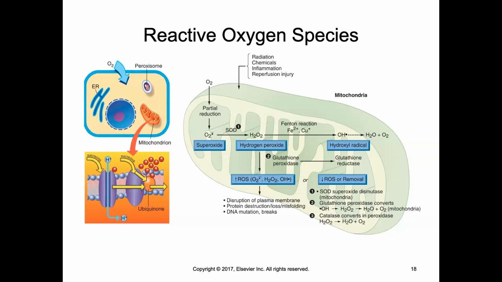Okay, it's the partial reduction of oxygen that's the damaging event. Okay, and this is why anything that damages mitochondrial function eventually leads to the buildup of these reactive oxygen species in the cell. Okay, so you can see here, right?